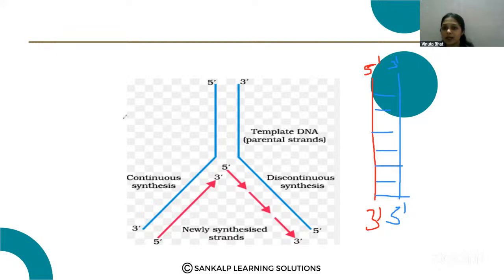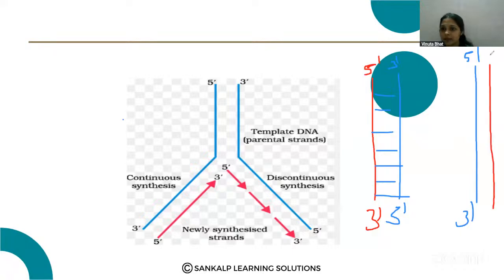So next, look, again this one is the newly synthesized strand. Here the 5' to 3' direction is there. So the other one is the parental strand, which has the 3' to 5' direction. Okay, so hydrogen bonds form between the two strands. So this is the replication.